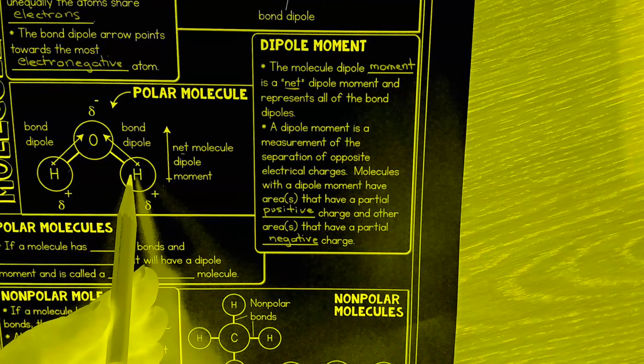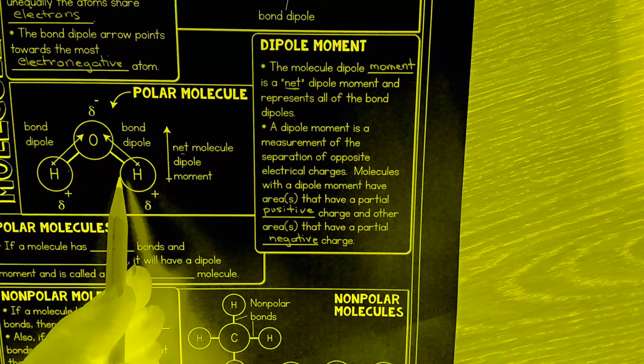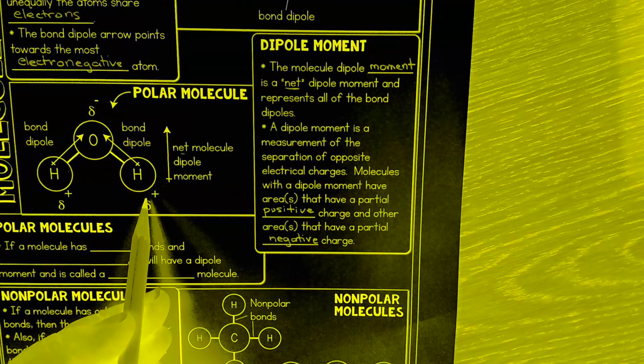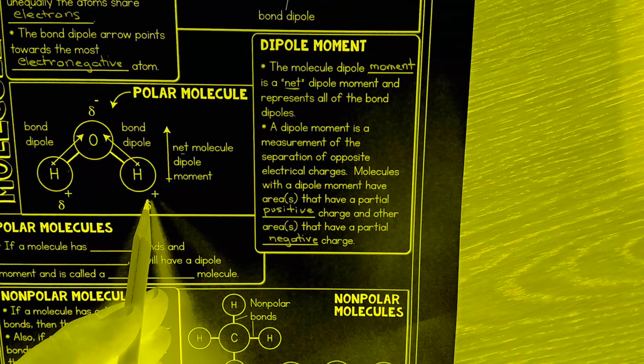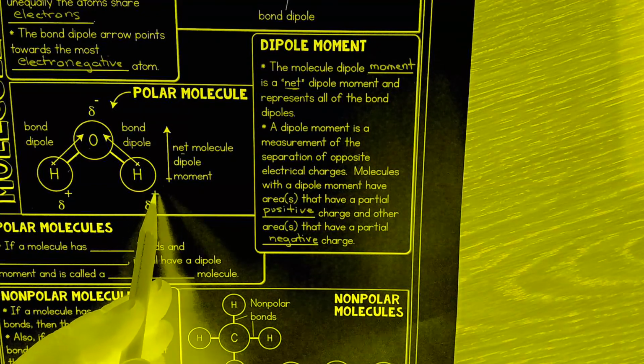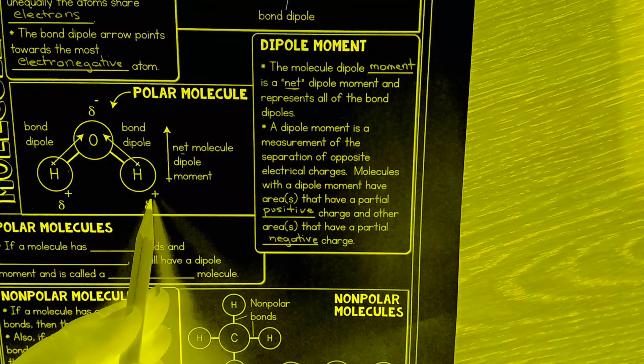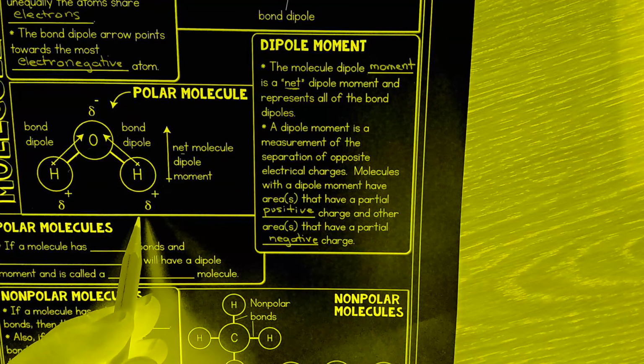Water is a very polar molecule, which basically means these bonds are very strong. It is very difficult to break the bonds between two water molecules, which is why water has such a high boiling point, right? It's 100 degrees. It is very difficult to break those bonds because of the strong positive and negative.